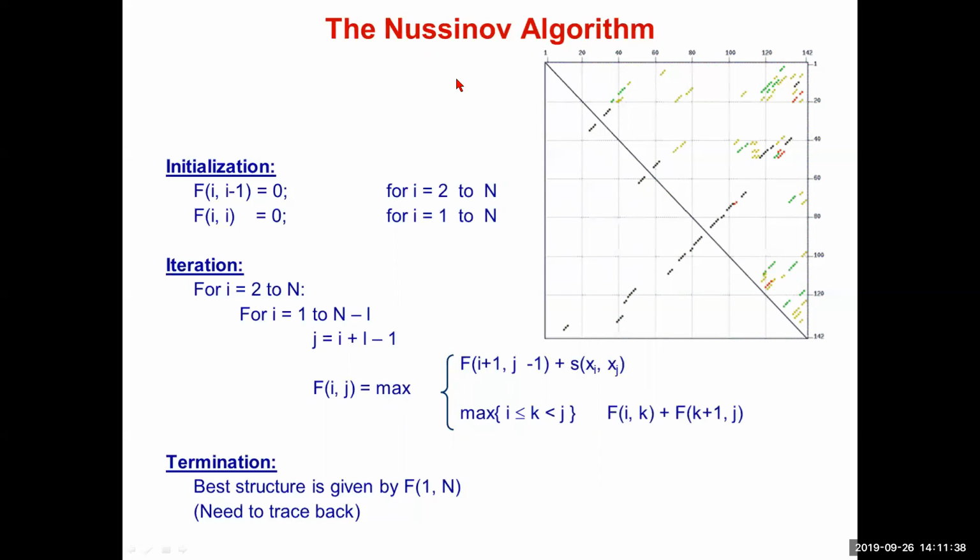And this is known as the Nussinov algorithm. So the idea is the following. I'm going to align a sequence from start to end and from start to end with itself. And the way that I'm going to do that is that I'm first going to compute all high similarity local alignments.